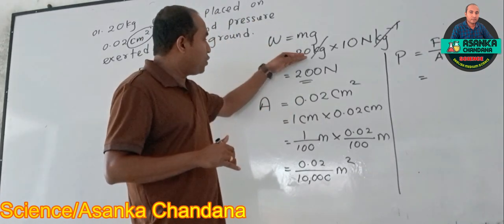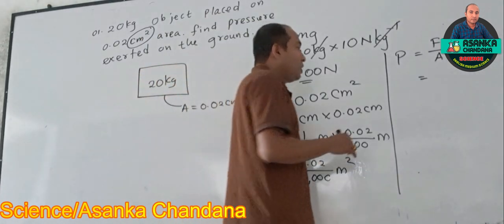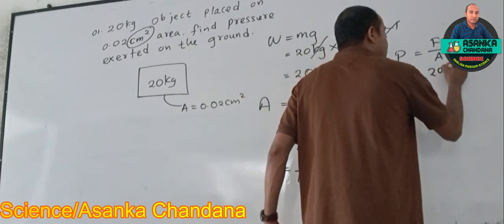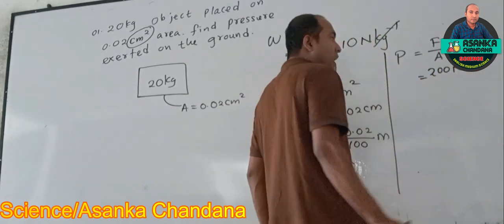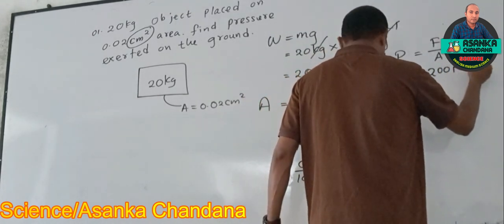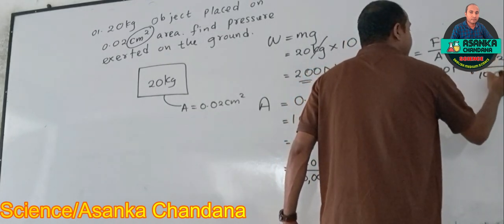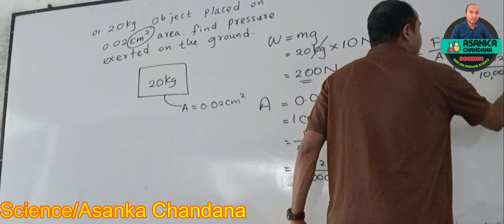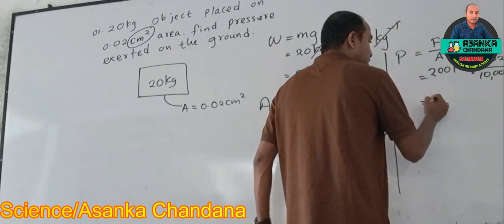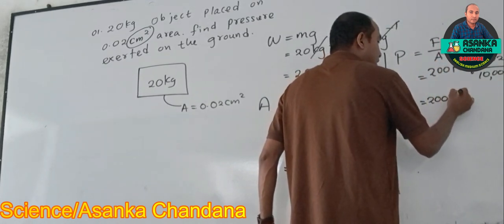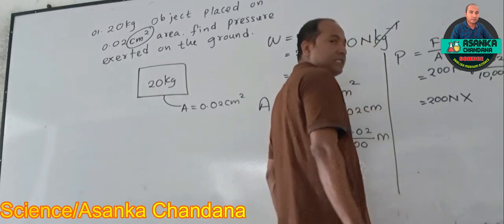What is the force we found? Force is the weight. Force is 200 Newton. I will write this one. Divide 0.02 divided by 10,000 square meter. Then 200 Newton. I will put multiple sign.